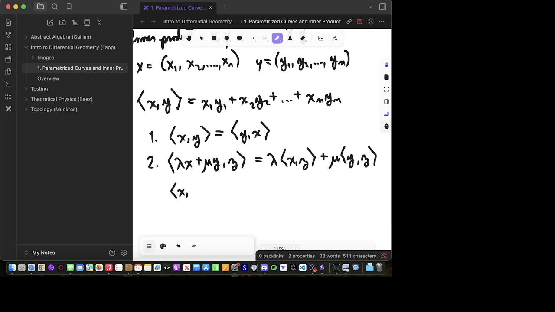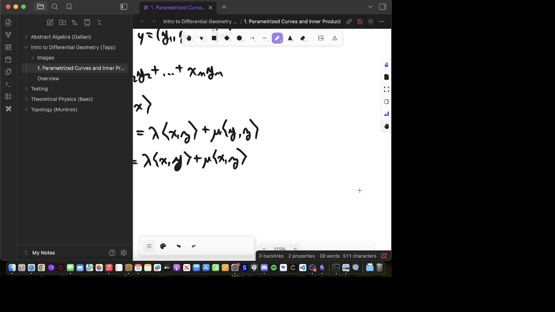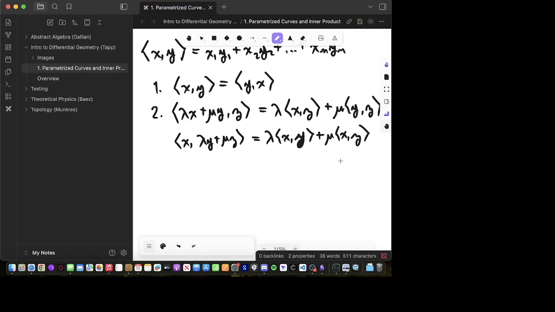So x with lambda y plus mu z is exactly what you would think it would be: lambda times x with y, plus mu times x with z. We call this bilinearity. Furthermore, we have that the inner product of a vector x with itself is the square of the norm.